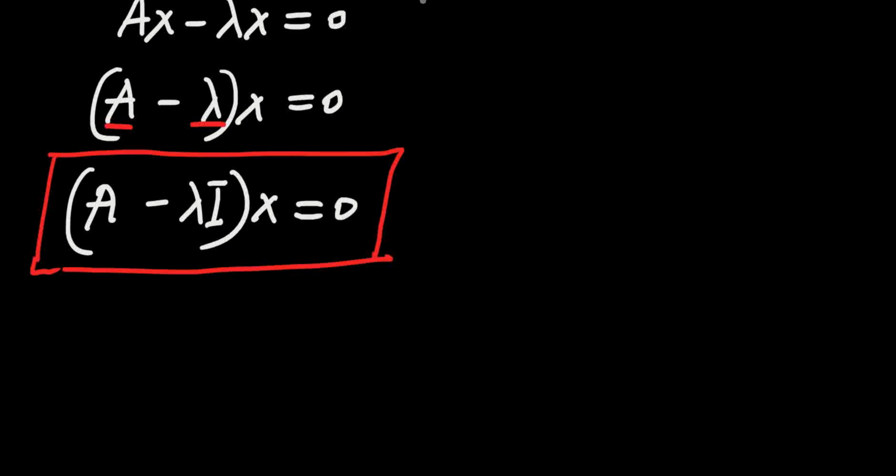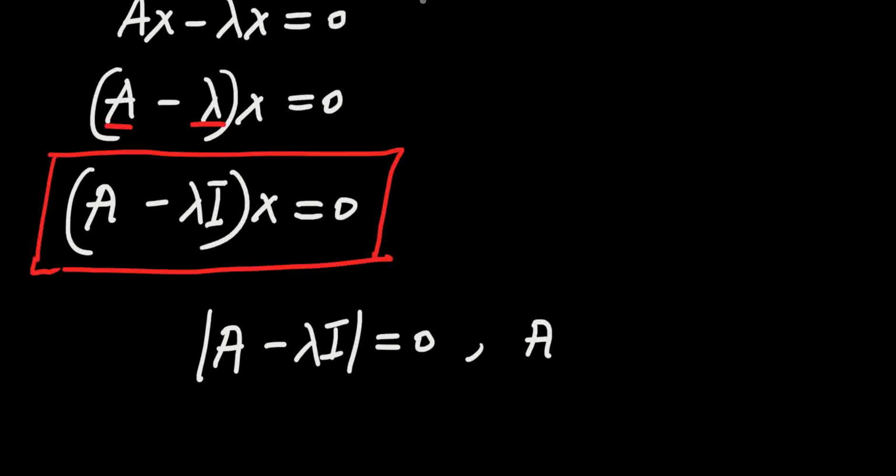Note that the characteristic determinant, A minus lambda times the unit matrix, equals 0. This is the characteristic determinant for the square matrix A.